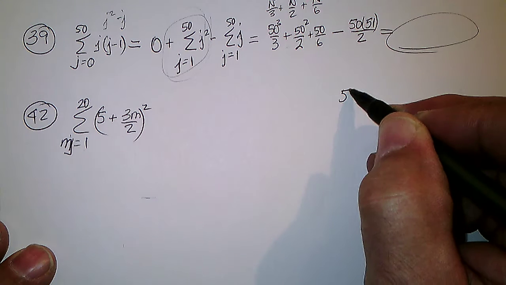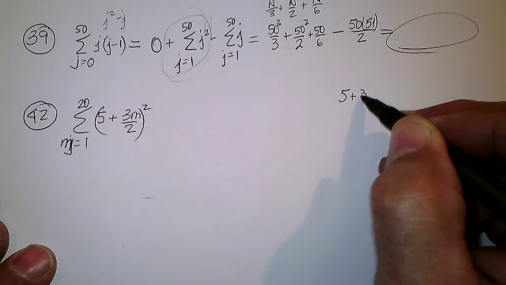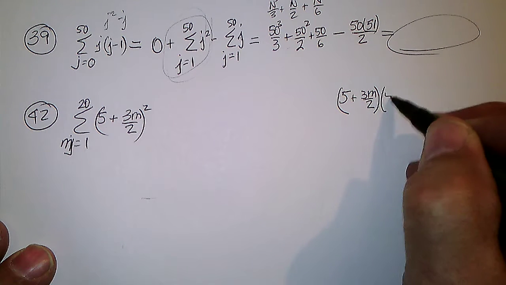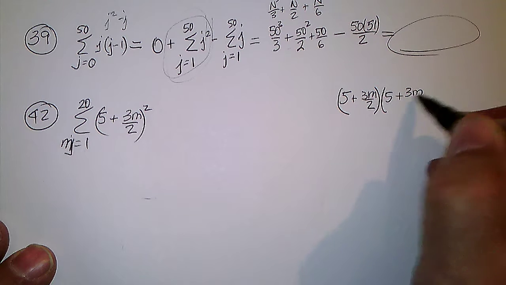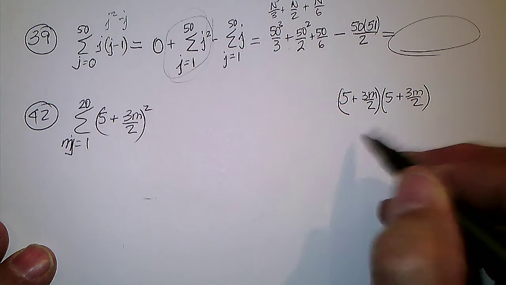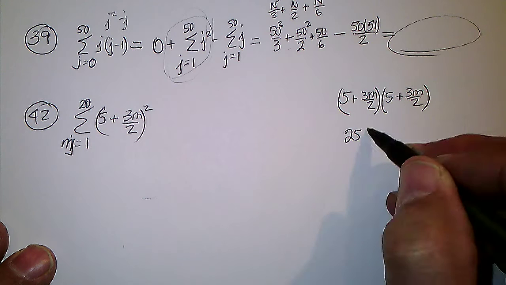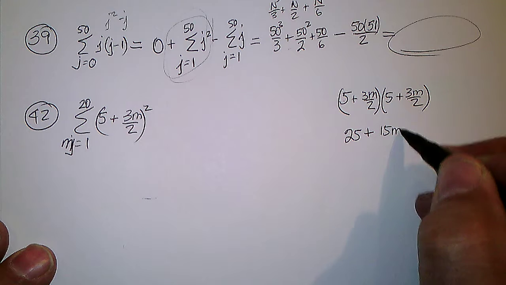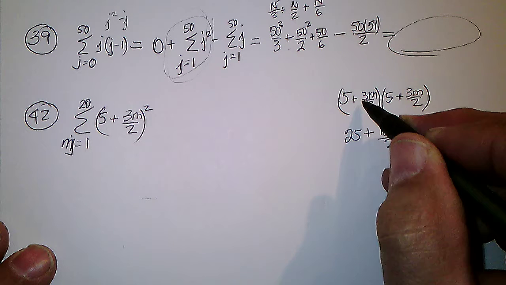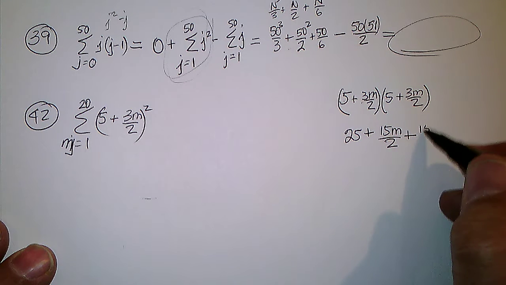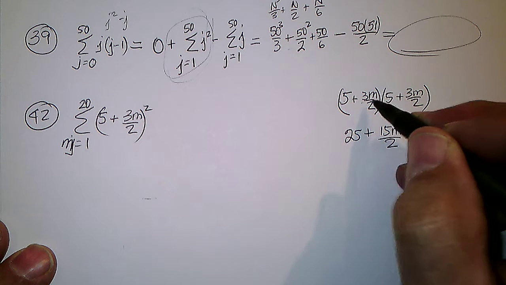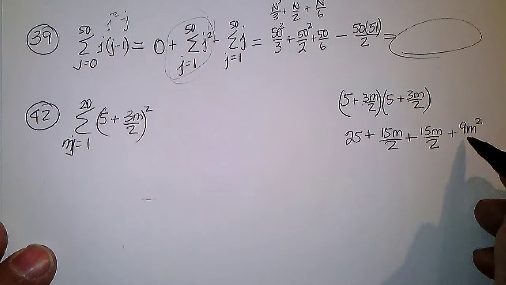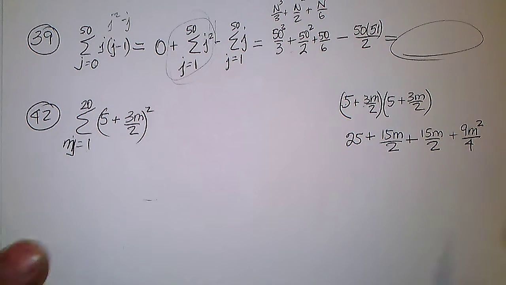So 5 plus 3m over 2 times itself is 25 plus 15m over 2 plus 15m over 2 plus 9m squared over 4.